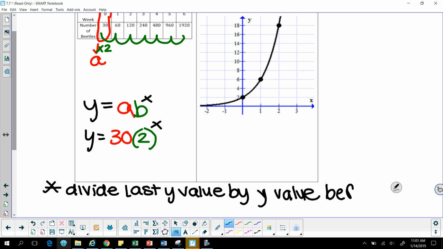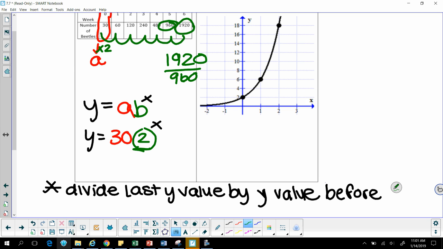So if I want to figure out what my growth or decay factor is, and you couldn't tell that that was 2, all you have to do is take the last one, so right here, 1920, and divide it by the y before, which is 960. What do you end up getting when you divide those two in your calculator? 2. And so no matter what, if you don't see it right away, you could always take the last one divided by the one before, and it gives you this growth factor. Does that make sense so far?